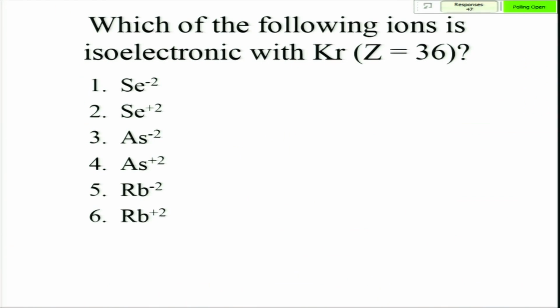And this should be very fast, I think. All right, let's just do 10 more seconds. You have a periodic table up here in case you need it.